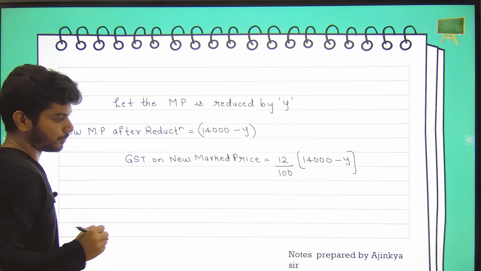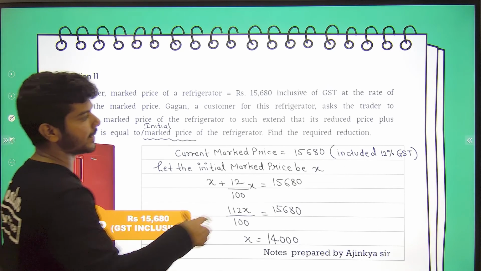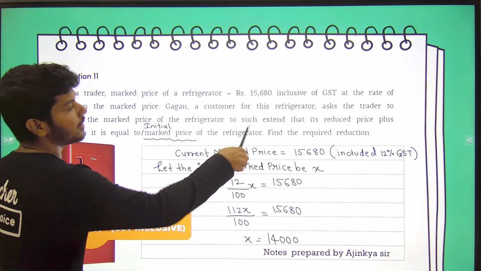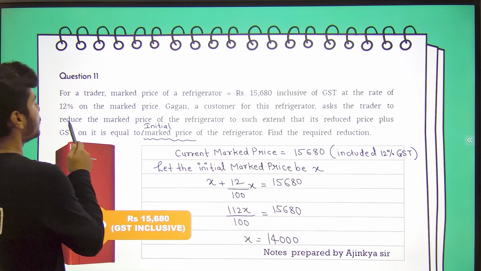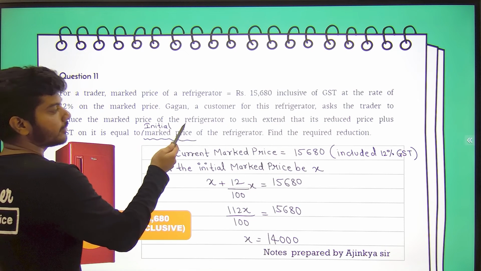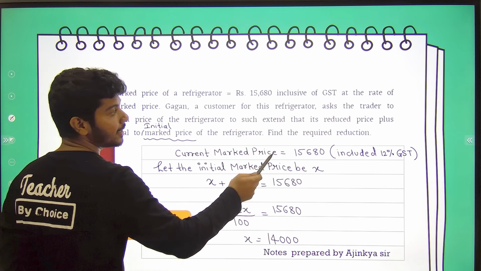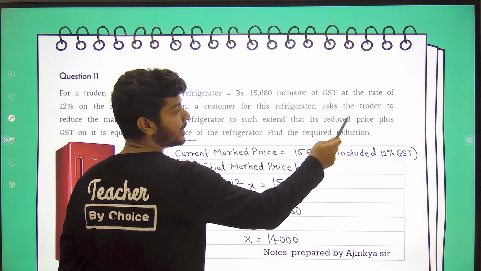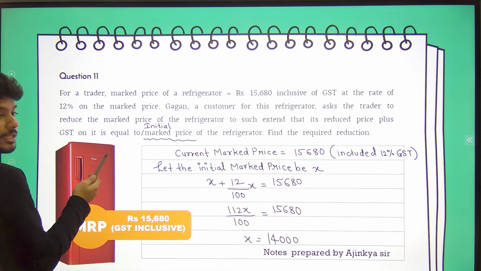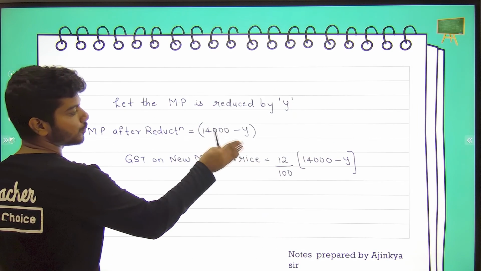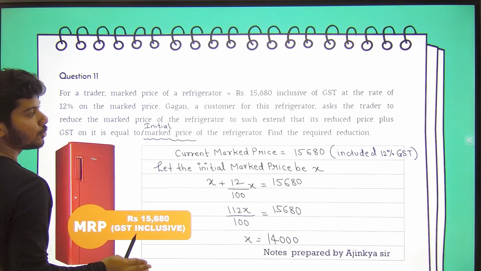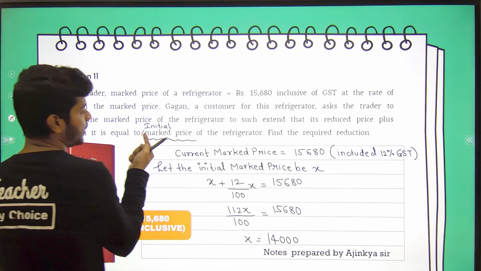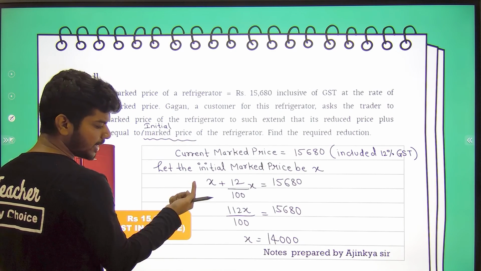Now in the question they are telling us to ask the trader to reduce the marked price of the refrigerator to such an extent that its reduced price plus GST, meaning we have to add these two, will be equal to the initial marked price. What was the initial marked price?